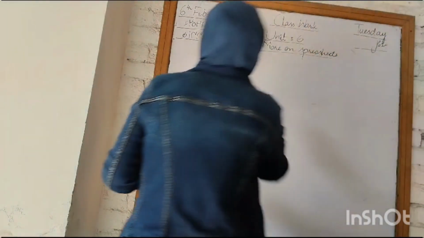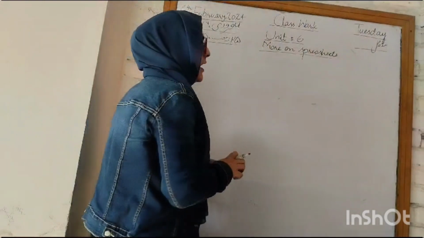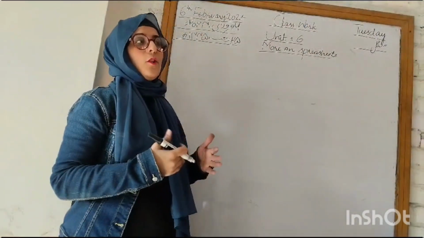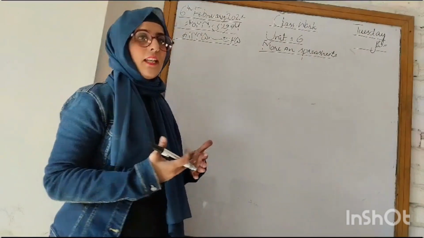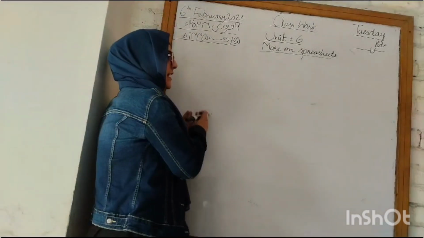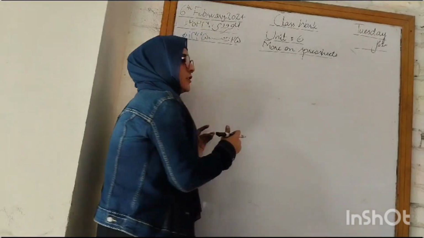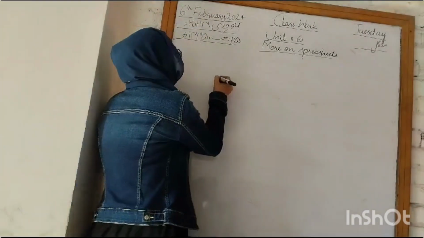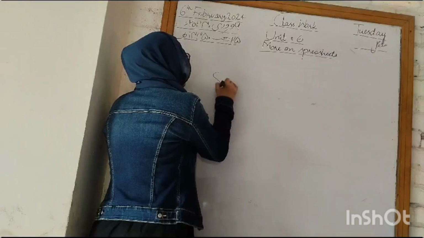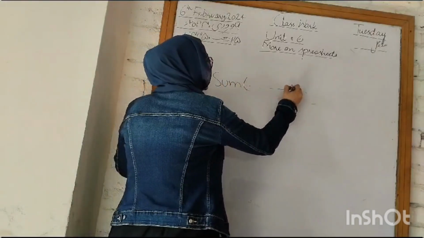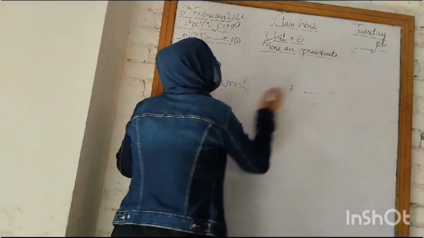Alright students, now why do we use functions? Because the formula bar and the formulas are time taking. First you have to write each and every cell and then plus minus. So instead, we write sum and the cell name and colon, जितने भी cells आपने add करने हैं.